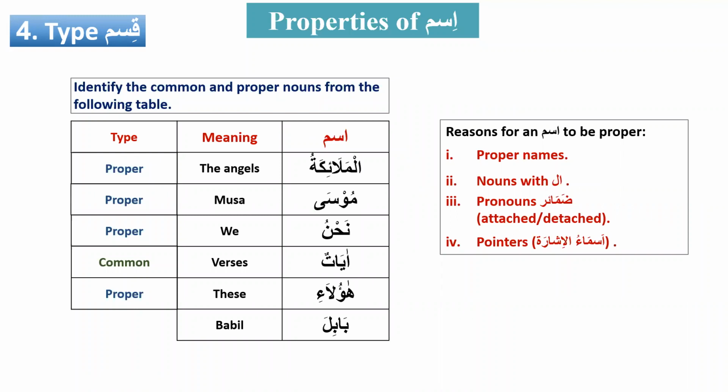Because it's a name of a place. Proper noun, proper name of a place, right? So that is why it is proper. Good job, Abdul Haq. Thank you. Now we can go to the breakout room, inshallah. So everybody gets a chance to practice.